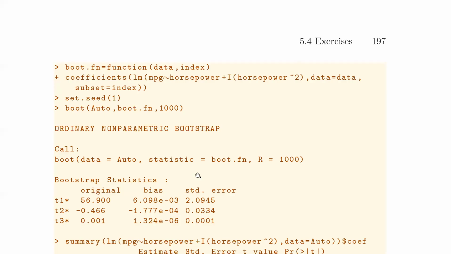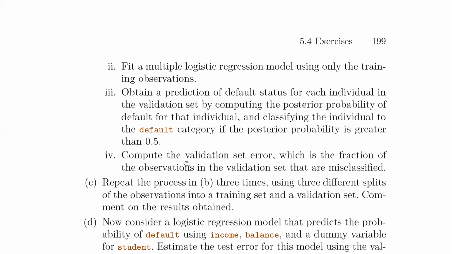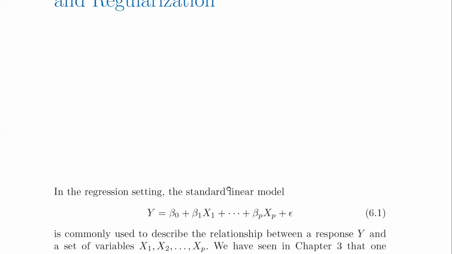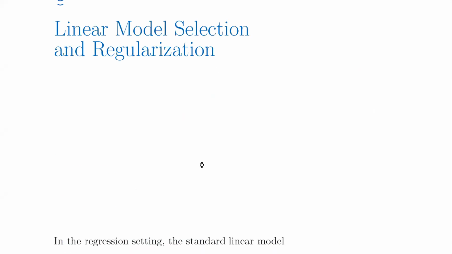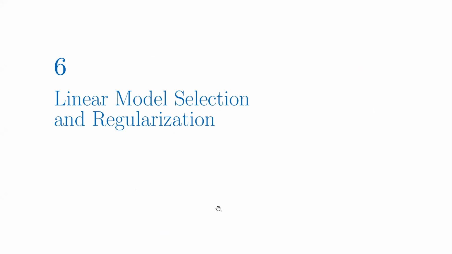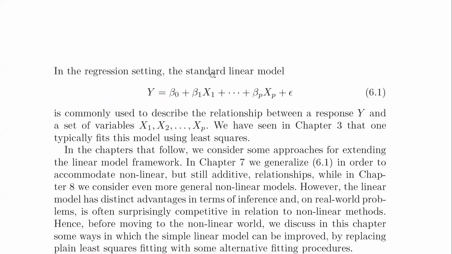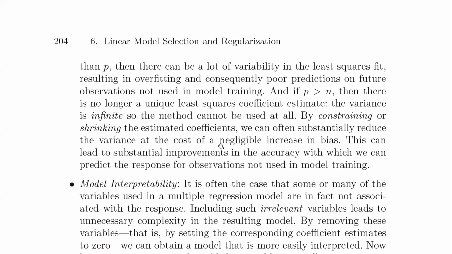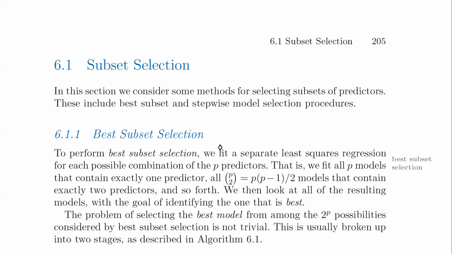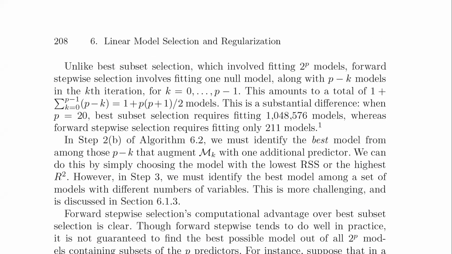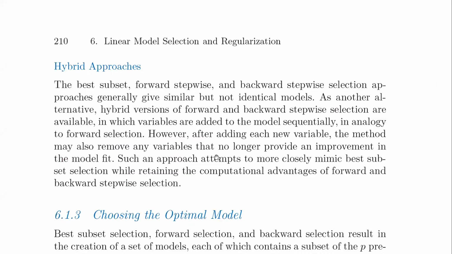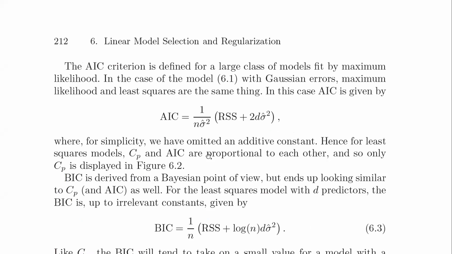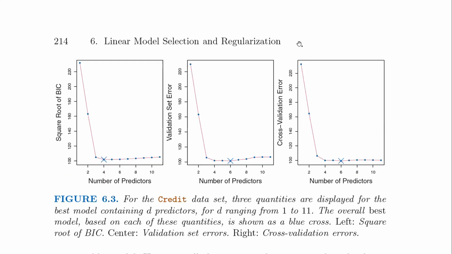And so what we'll probably do is tomorrow we'll move on to chapter 6, linear model selection. So I would imagine selection is like, if you have a data set with 20 different characteristics, how many and which would you use?